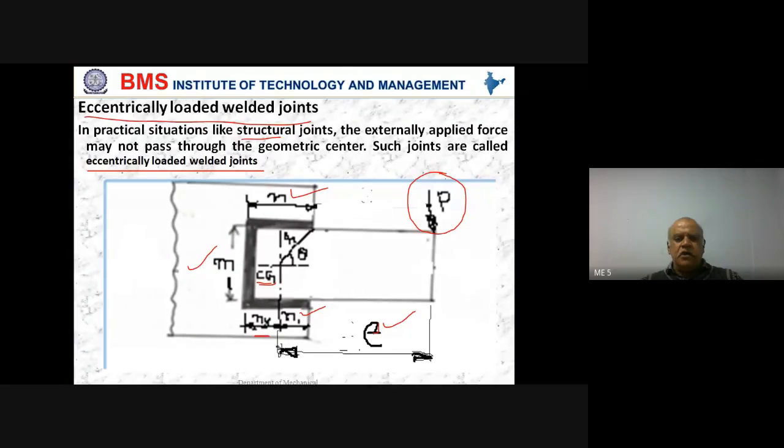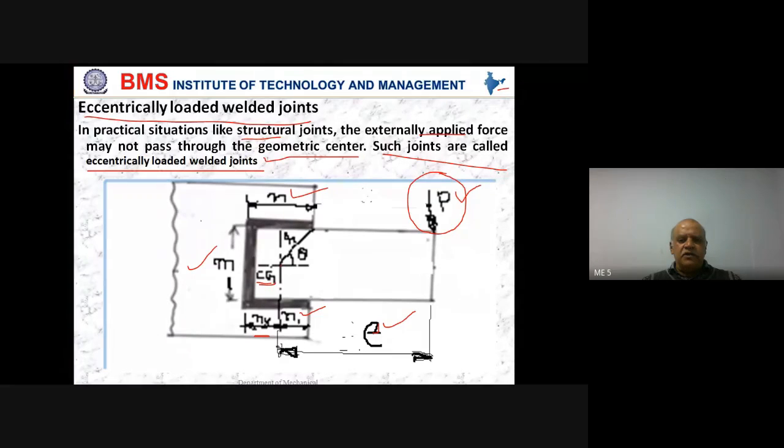So note down the sketch and this definition. In practical situations like structural joints, the externally applied force may not pass through the geometric center. Such joints are called eccentrically loaded welded joints. Here the load will act in transverse direction. E is called the eccentricity, that is the distance from CG of the weld to the point of application of load.